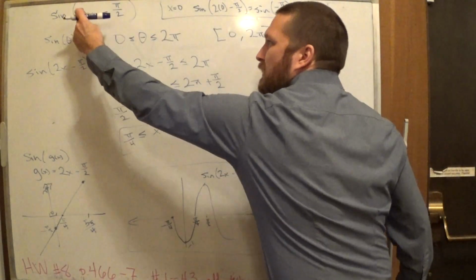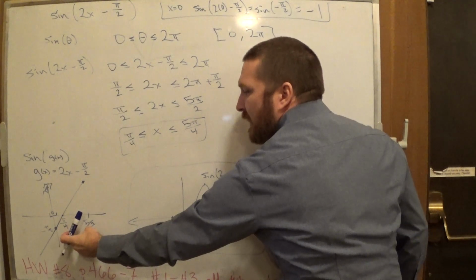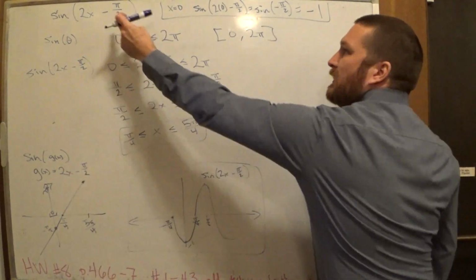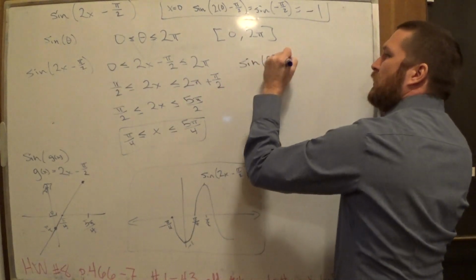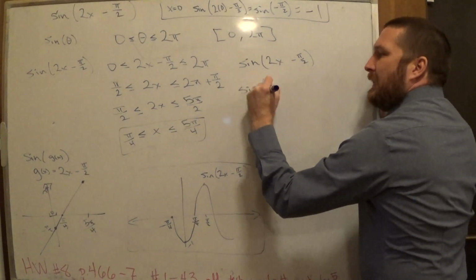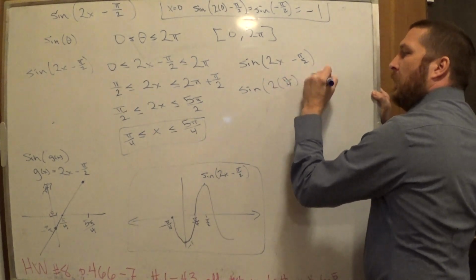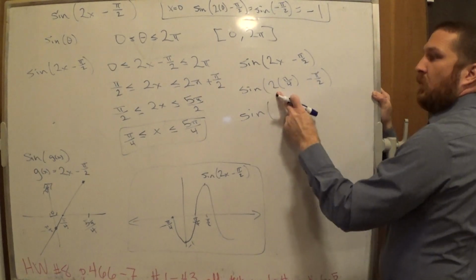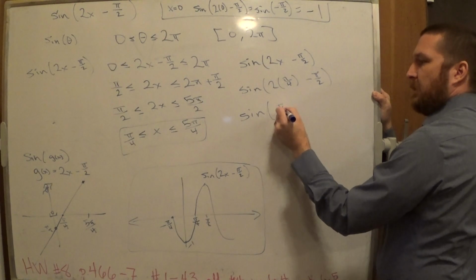Remember what I'm doing here. My claim is that if I plug in pi over 4, it'll be the exact same thing as sine of 0. So we have sine of 2x minus pi over 2, and we plug in 2 times pi over 4. What's 2 times pi over 4? 2 pi over 4, or pi over 2.